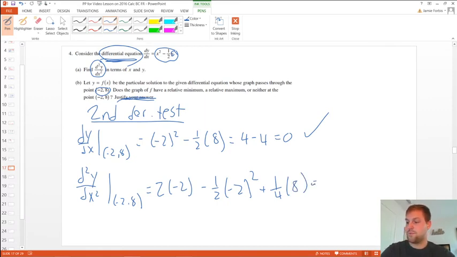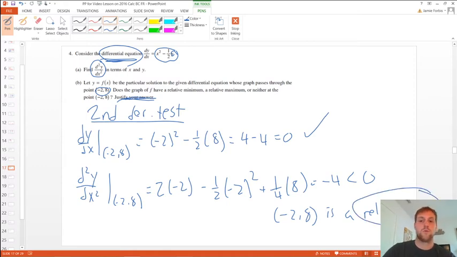This comes out to be actually -4, which is less than 0. So by the second derivative test, that means that -2, 8 is concave down, which makes it a relative maximum. All right, that's just by the second derivative test. Okay, good job on that.